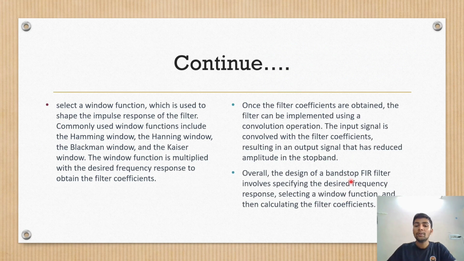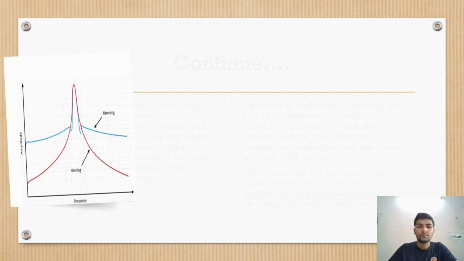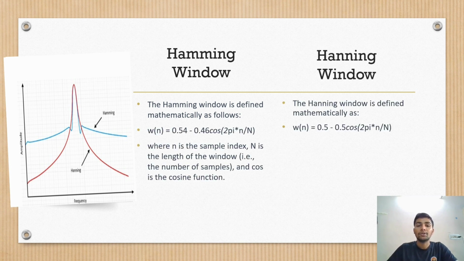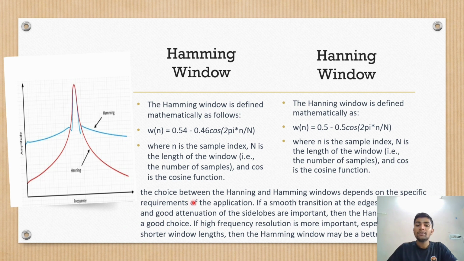Overall, the design of a band-stop FIR filter involves specifying the desired frequency response, selecting a window function, and then calculating the filter coefficients. Now one question comes in our mind that which window is better, Hamming window or Hanning window. Actually, the choice between the Hanning and Hamming window depends on the specific requirements of the application.